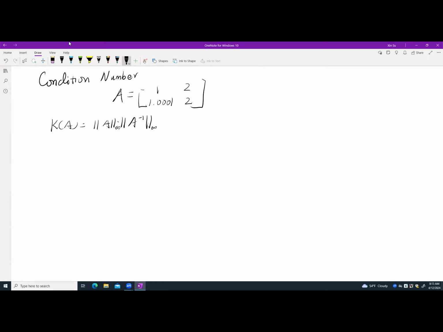So first of all, what's the A infinity norm here? We are going to get the sum of the absolute value of the components for each row. So for the first row, we have the 1, and then we have the 2. So doing the sum of the absolute values, and then we got what's this?